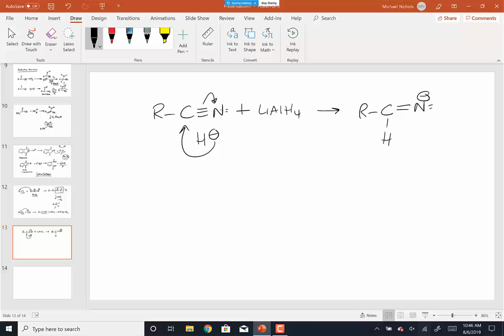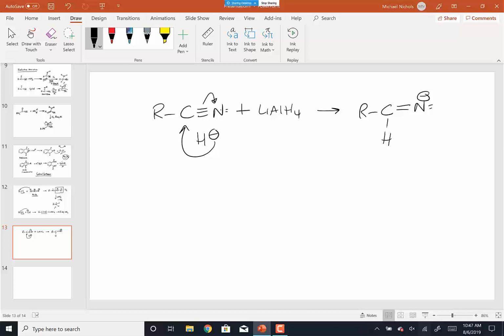I have an N minus. Oh, this has a magical step. It has one lone pair, it has 2 lone pairs, and that's what gives it the negative charge.